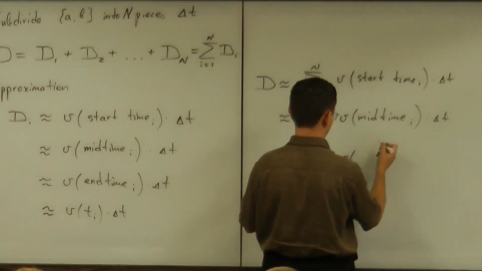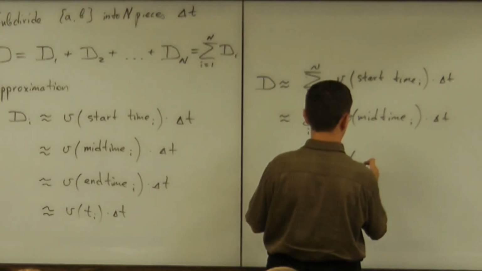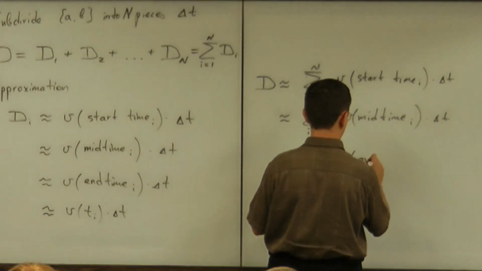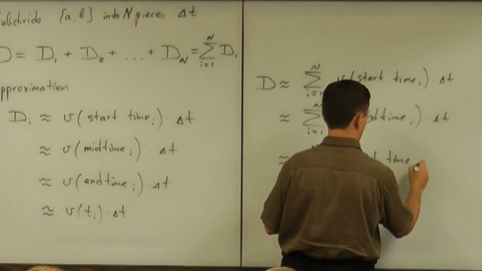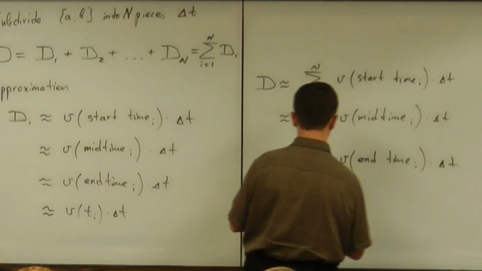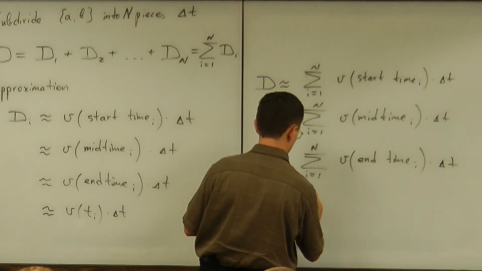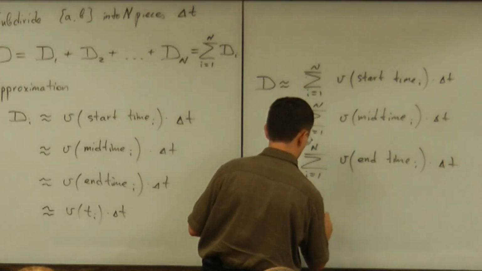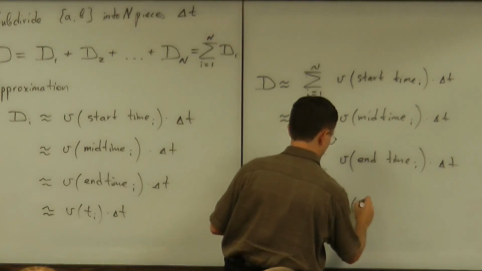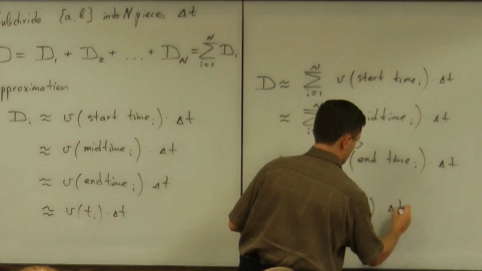So let me write it the last time. So the velocity at end time times delta t, or it is approximately the sum of v of some time ti times delta t.